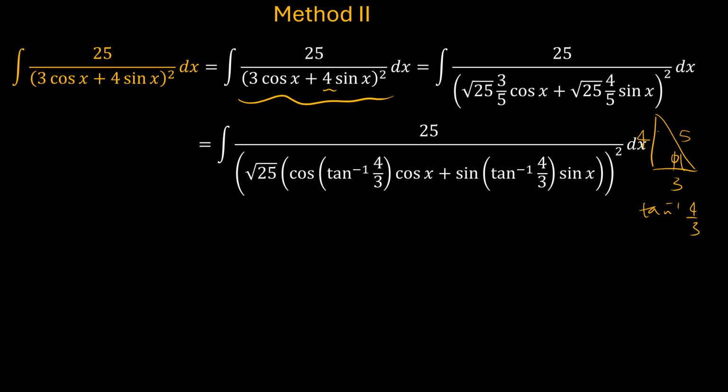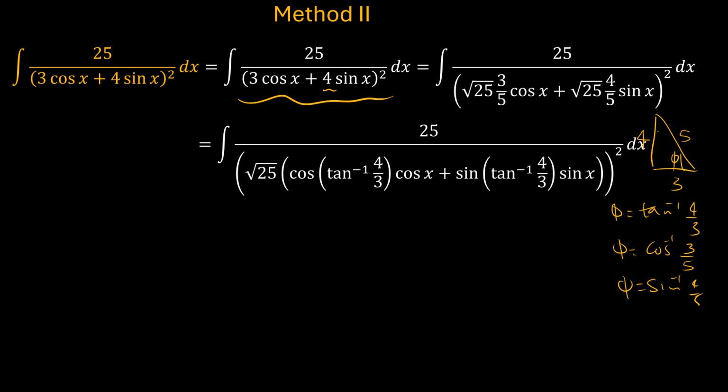It is the arccosine of 3 over 5. It is the arcsine of 4 over 5. So that is phi, that is phi, that is phi.